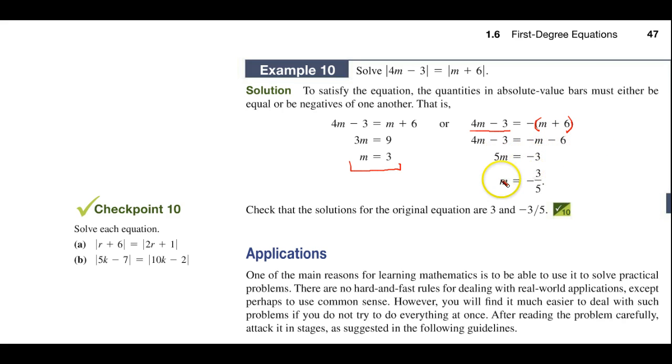Divide both sides by 5. There is my other answer. So again, the strategy, remove the absolute signs and solve it regularly. In this case, remove the absolute sign, put this in a parenthesis, but a negative in front of it. Clear the parenthesis by changing both signs, and then solving.